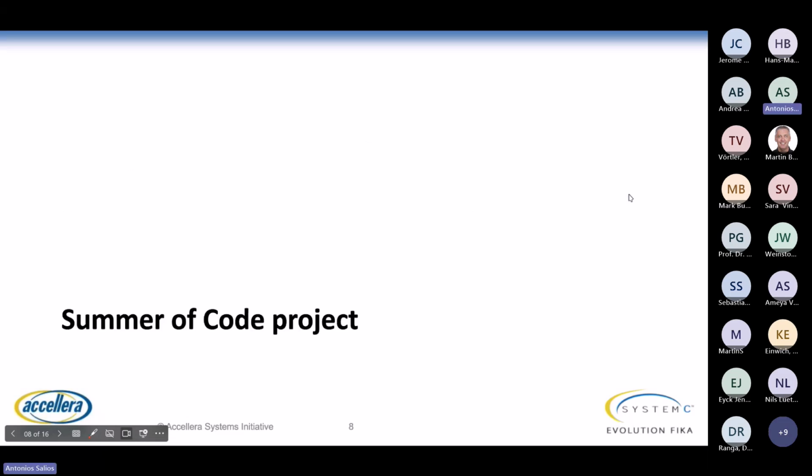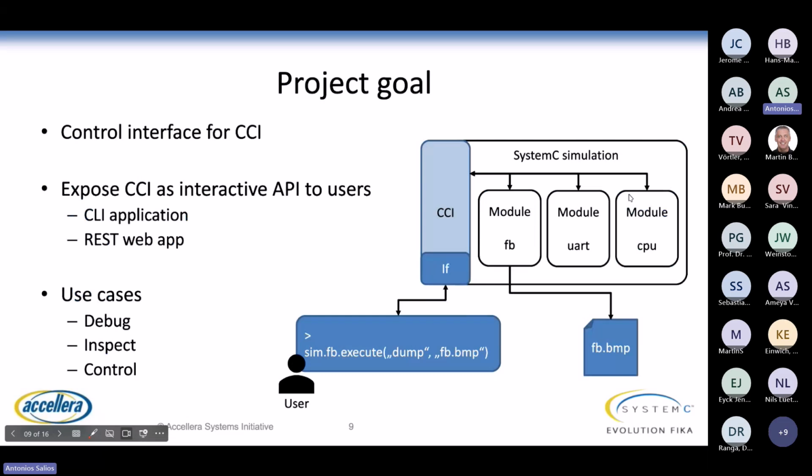So onto the Summer of Code project. The project I have chosen is to create a control interface for the CCI library so that users later can interact with a simulation with an interactive API, let it be a terminal application or even a web app via a REST API.